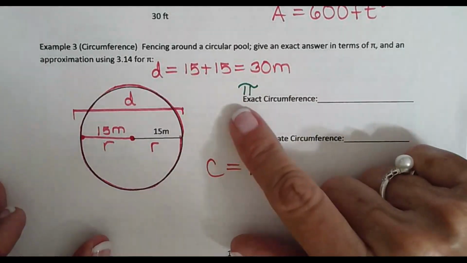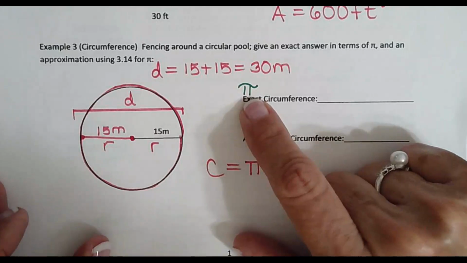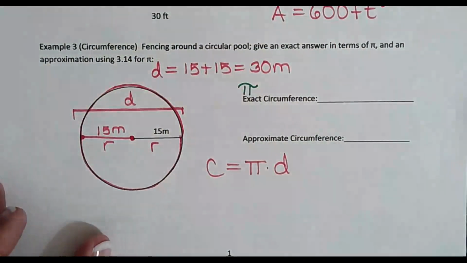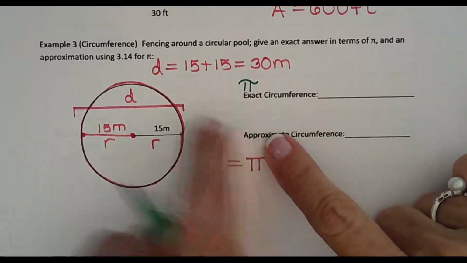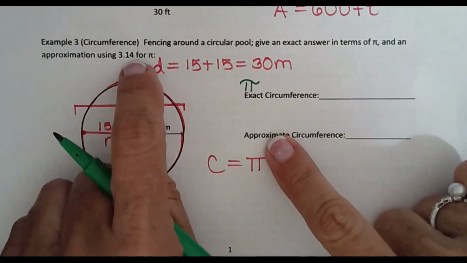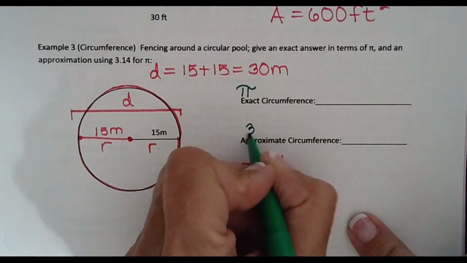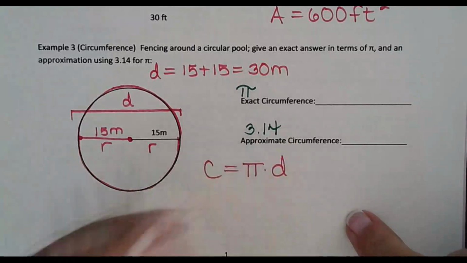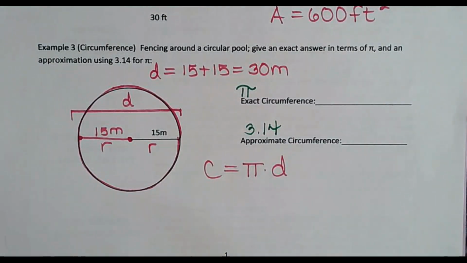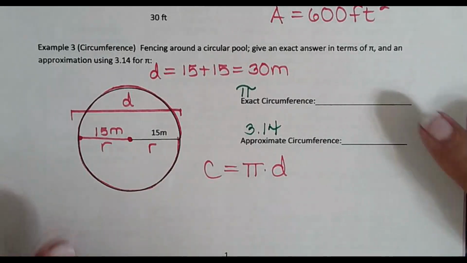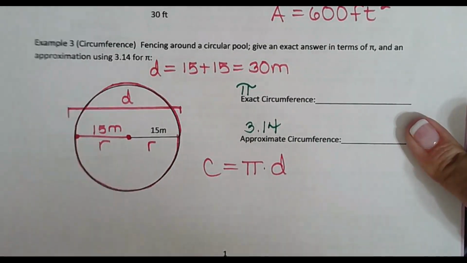So the only way to get an exact answer is by leaving pi in your answer. Whereas to get an approximate answer, you read the directions and see what it is they want you to use. So for this one, they want us to use 3.14. So I always get those ready right at the beginning. And then all I have to do is plug and chug.